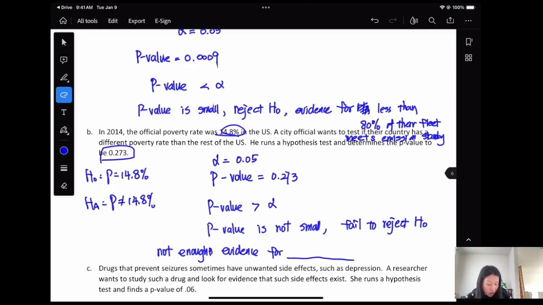In this case, you need to be specific about what the alternative hypothesis is. It's going to be that there's not enough evidence that their county has a different poverty rate than the rest of the US.